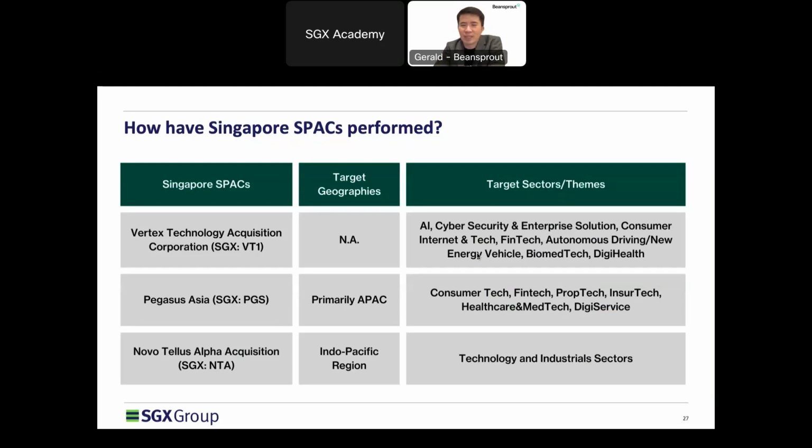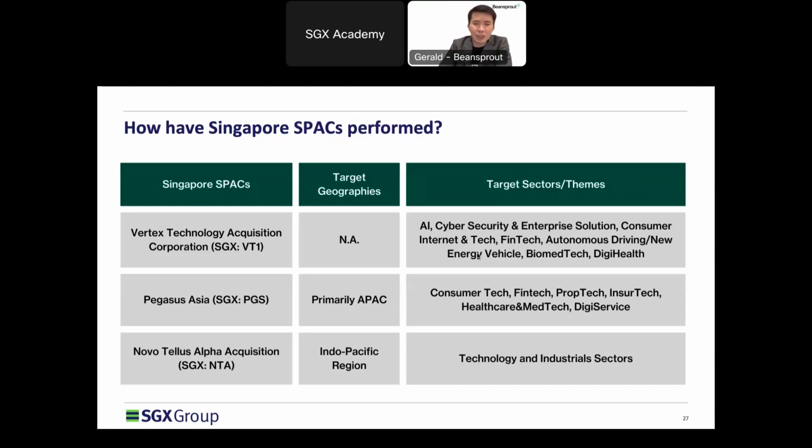Even before ChatGPT became fashionable, they were already looking at potential AI targets, cybersecurity and enterprise solution, consumer internet and tech, fintech, autonomous driving and new energy vehicle, biomedtech, as well as digital health. Those are all very high growth industries, and that goes back to what I shared earlier as to the purpose of SPACs, which is to acquire high growth companies.